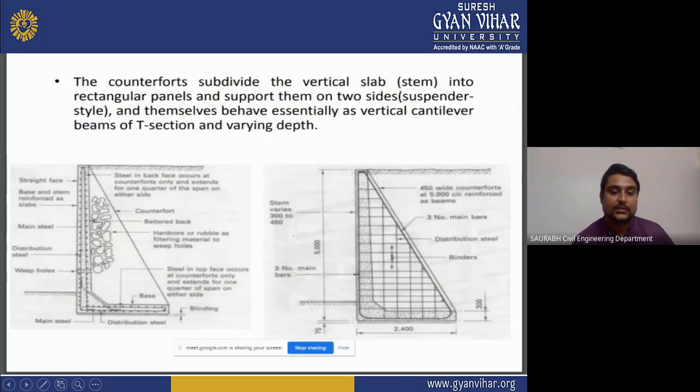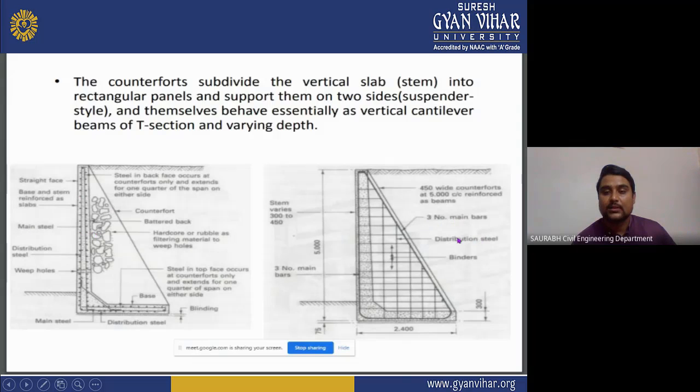As you can see here, this is your distributed steel which is supporting the base of this counterfort wall, and this is your wall here, and that is your distributed steel, and this is your main steel.